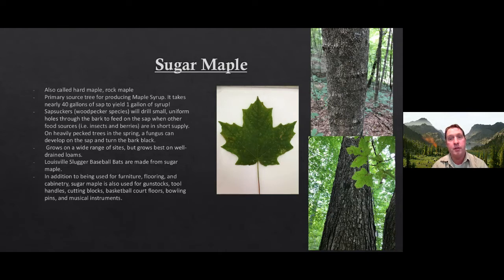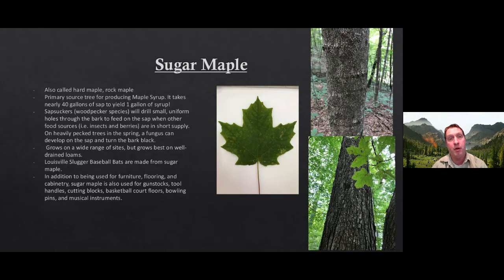So the first tree to start off on my half is sugar maple. It's also called hard maple in the forest industry. It's called hard maple because the fiber structure is stronger than other maple species.